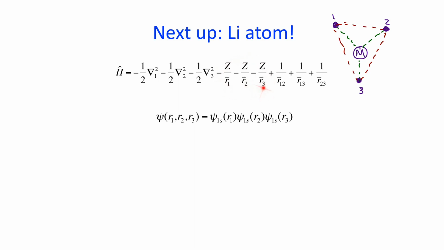That corresponds to these three terms here, so that would correspond to these three green interaction lines that we've drawn here. And then the last set of terms would be our interelectronic repulsion terms, those Coulombic electrostatic repulsive forces between our three electrons. So we've got the red lines indicating those interactions there.